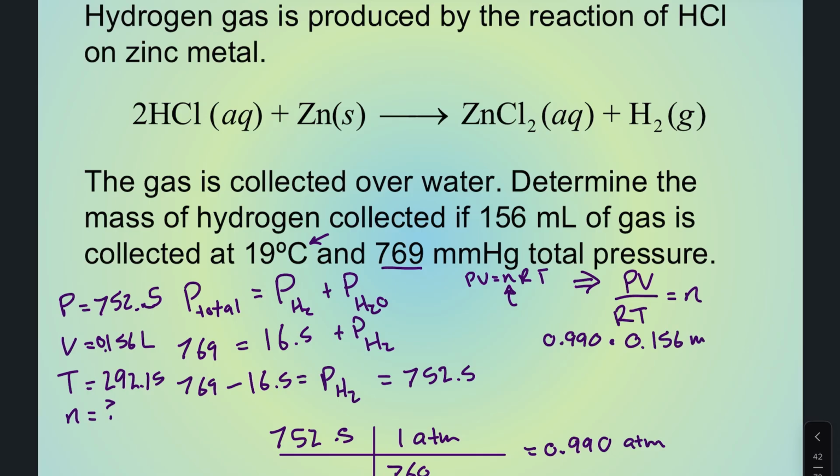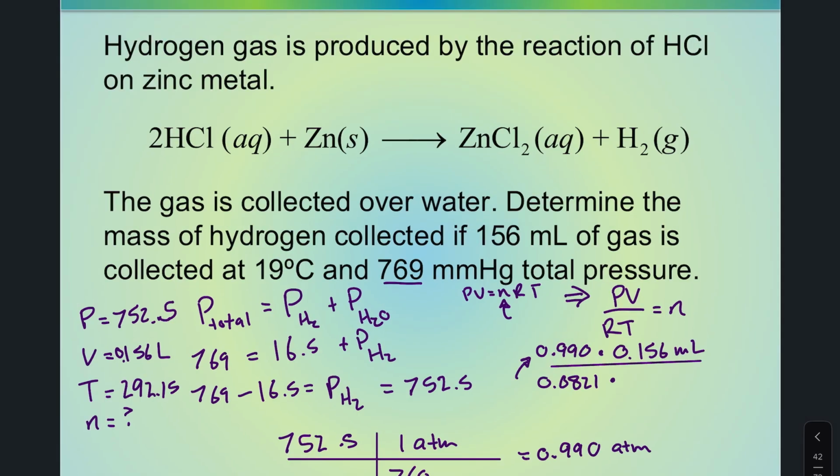Multiply that by our volume, which is 0.156 liters. And we will divide that by R, which, because we converted to atmospheres, we can use 0.0821. And then for our T, we'll use the value that we calculated before. That is 292, and we can get rid of the 0.15. It's okay, because all of the other values are going to have 3 significant figures.